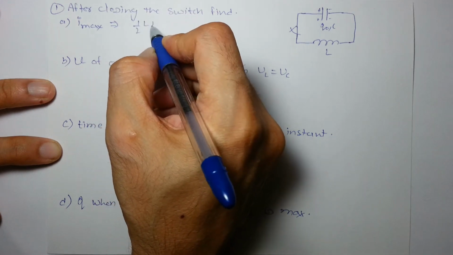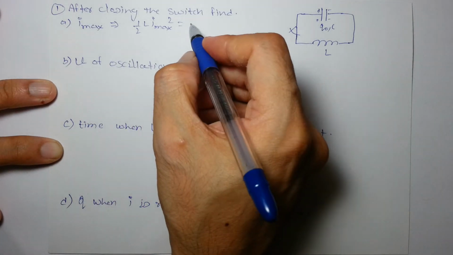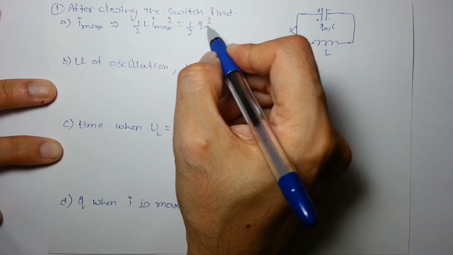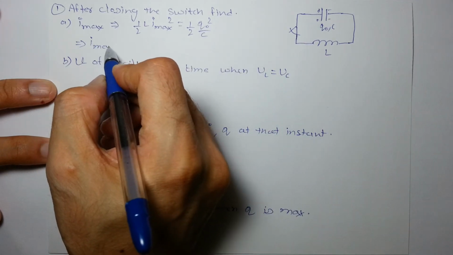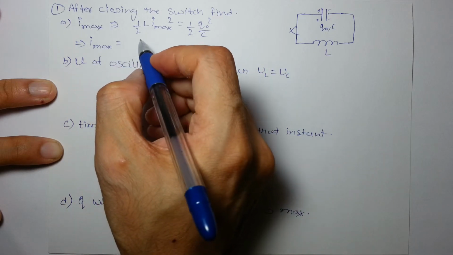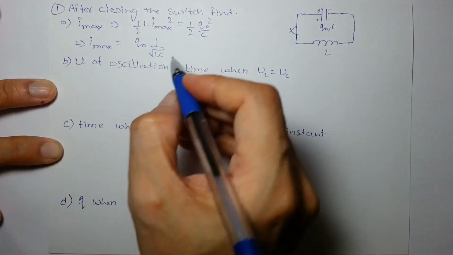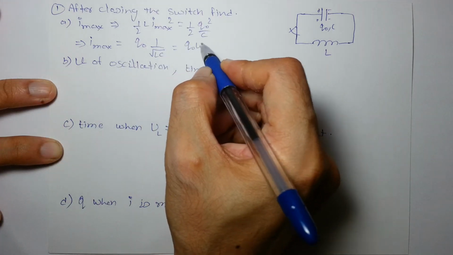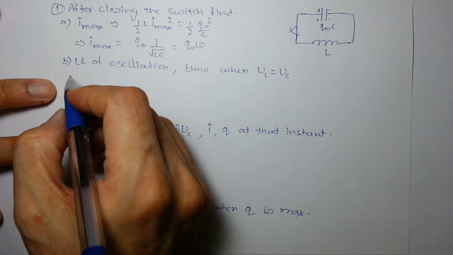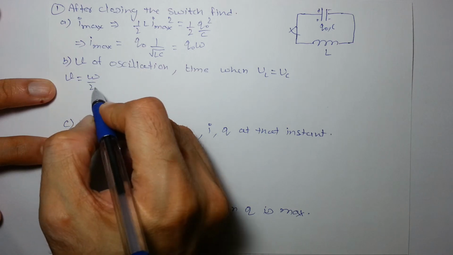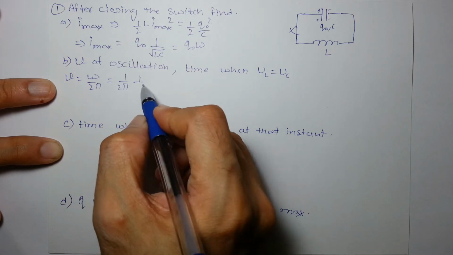So half L I max square, which is the maximum energy in the inductor, will be the same as the maximum energy in the capacitor, half Q naught square by C. So I max is Q naught times 1 by root LC. You can also remember it as Q naught omega is the maximum current. Frequency of the oscillation is omega by 2 pi. Omega is 1 by root LC, so it will be 1 by 2 pi root LC.